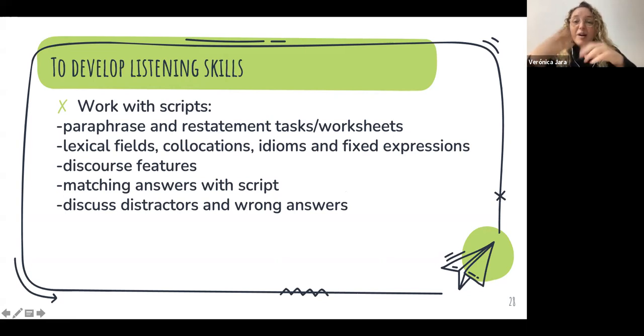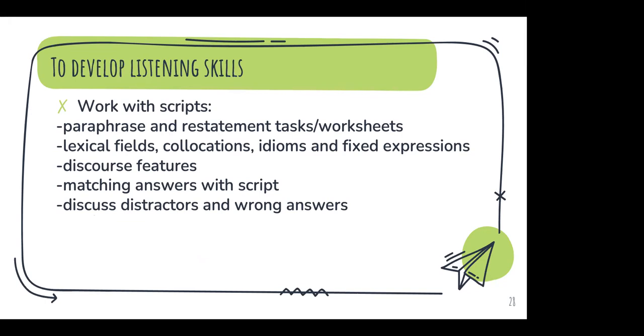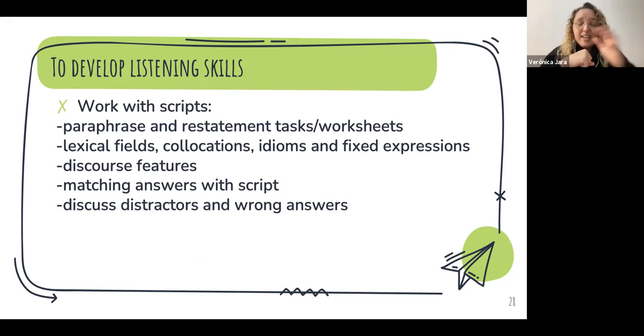But you can come up with your own exercises in which you ask students to find a paraphrase or a restatement of this and that, to help them exercise this. Work on lexical fields, collocations, idioms, fixed expressions. For example, find an expression that means this, or find something that means that.